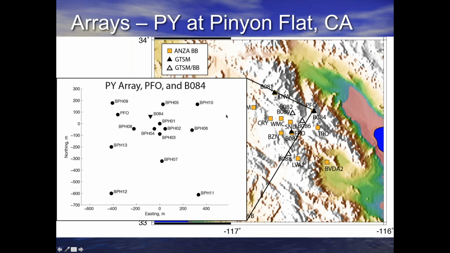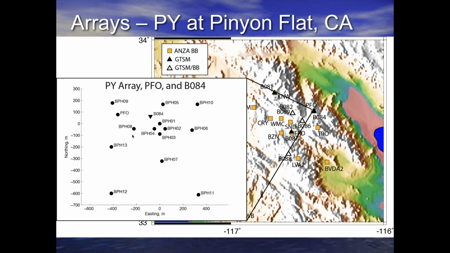I was looking at this array to calculate horizontal displacement spatial gradients that I could turn into horizontal strains, to then compare to horizontal strains at the PBO strainmeter, B084, in Pinyon Flat. But it has the same problem. I'd like to know exactly what the relative amplitudes for all those horizontal components of the stations are.